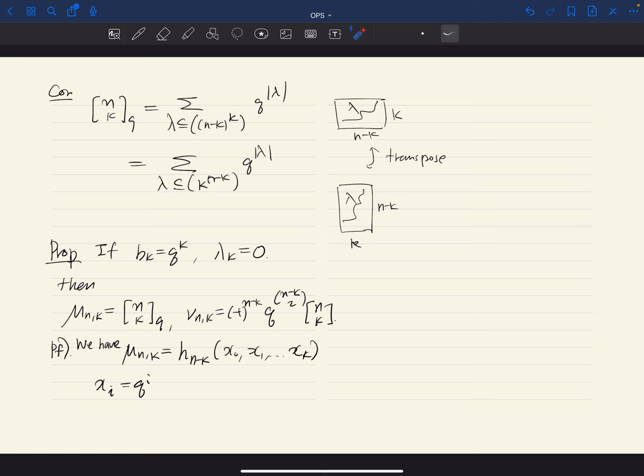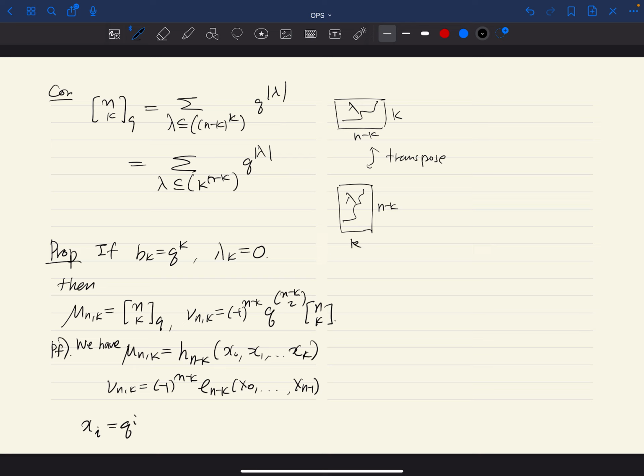And nu n,k is (-1) to the n minus k times e_{n-k} in x_0, ..., x_{n-1}. This is the theorem that we proved before. Then we just specialize this x_i to q to the i.